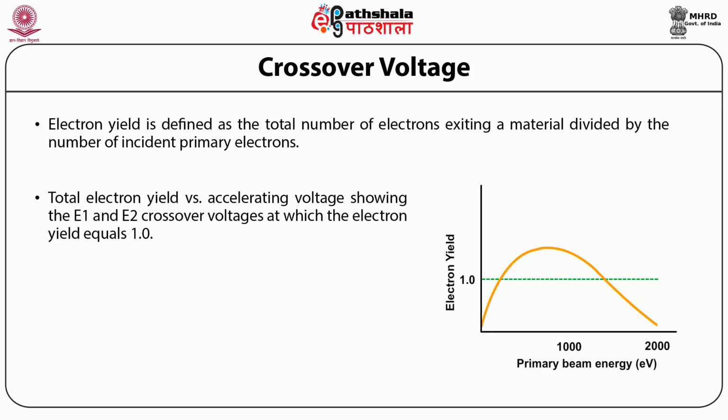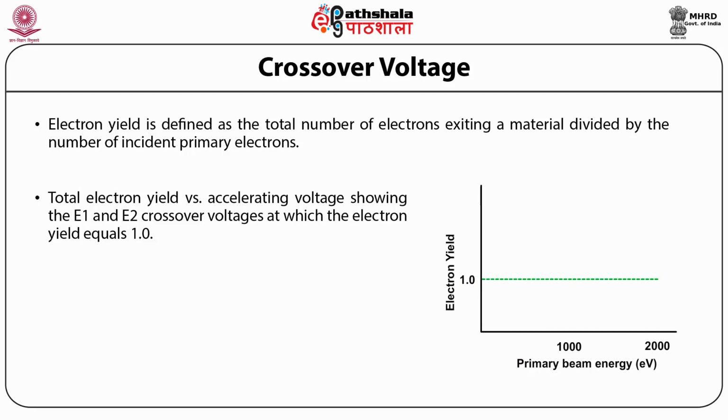The part of the curve between E1 and E2 defines the range of voltage where positive charging occurs, in which the number of electrons exiting the sample is more than the electrons entering, resulting in a net charge depletion at the surface. Positive charging results in a darkened region in the sample while imaging, as the net positive field locally holds back the electron yield.